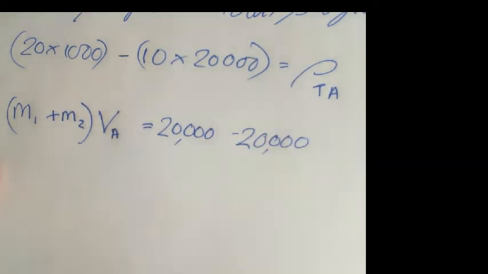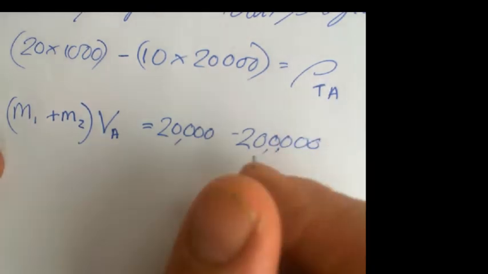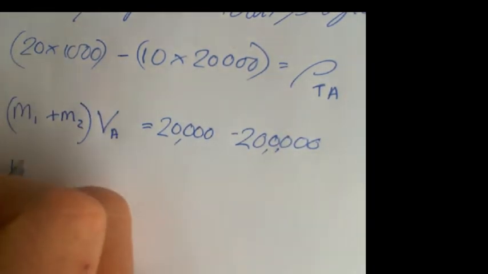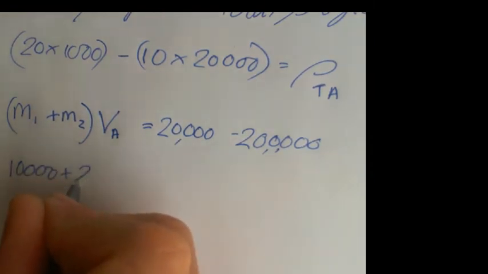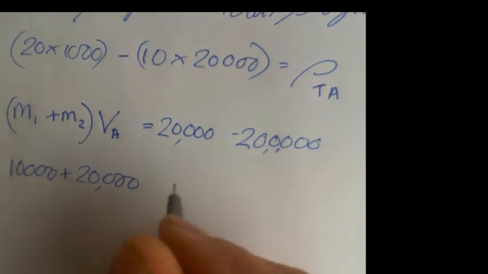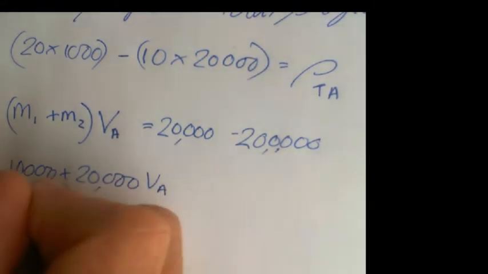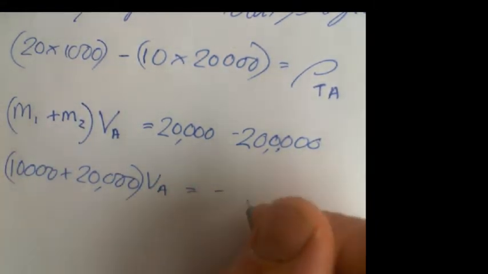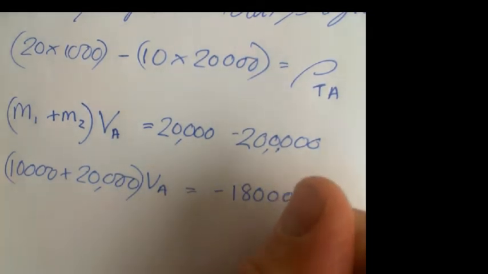Okay. So that means, and I know that my two masses were 1,000 and 20,000. And that's going to equal minus 180,000.